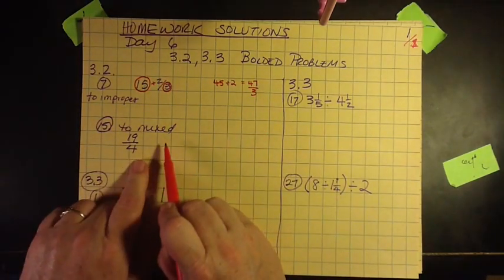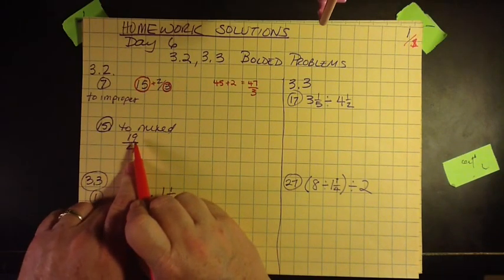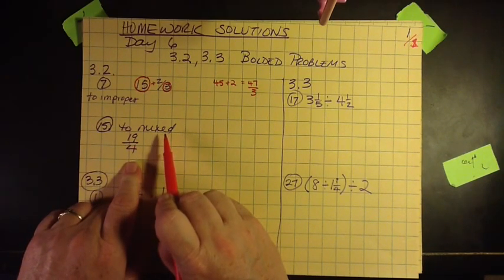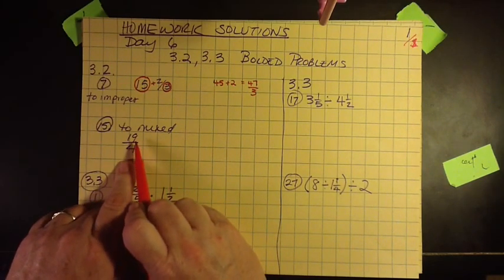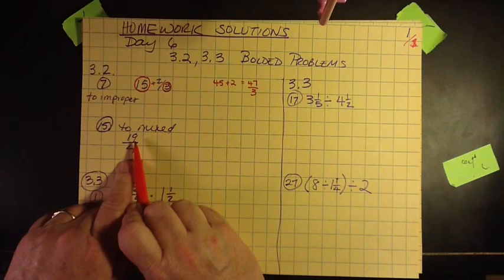Here I'm doing the inverse operation. I am taking an improper fraction and turning it into a mixed number. So first I'm going to ask myself, how many times can I fit 4 into 19?